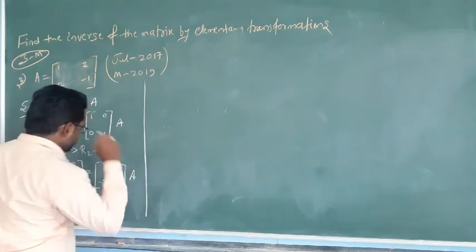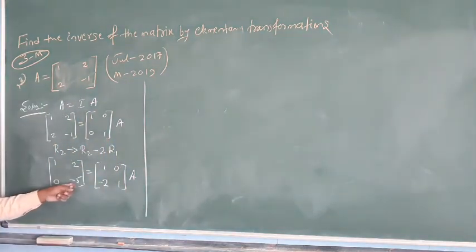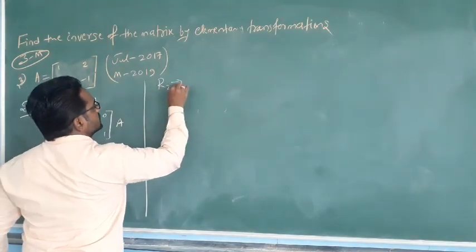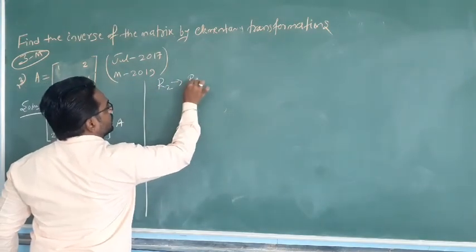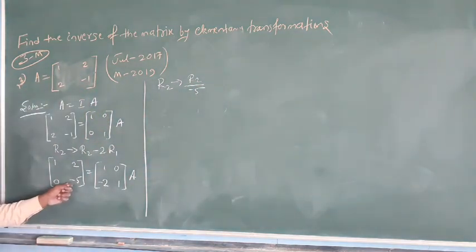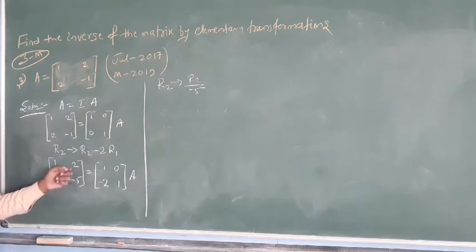So next we have to convert this into 1. So what will we do here? R2 changes to R2 by minus 5. So already minus 5 is there. To get the positive, you have to divide by the negative sign only. So minus 5 by minus 5, you get the 1.